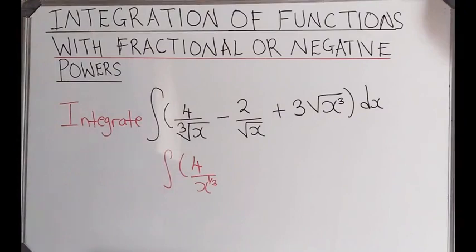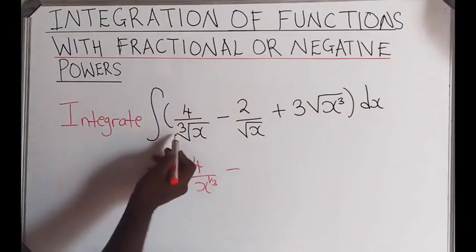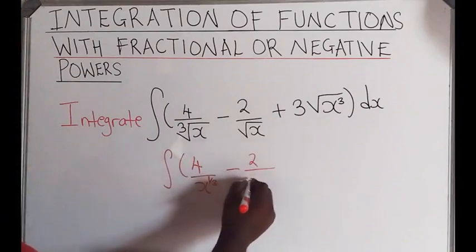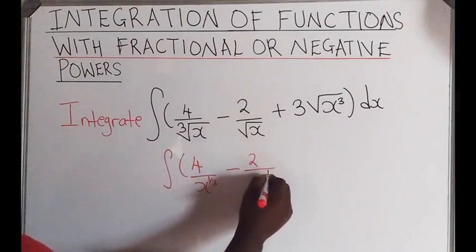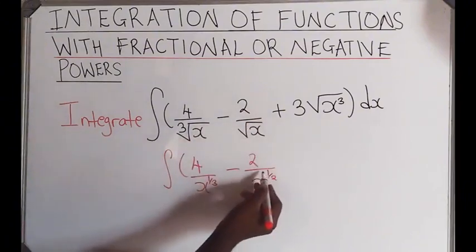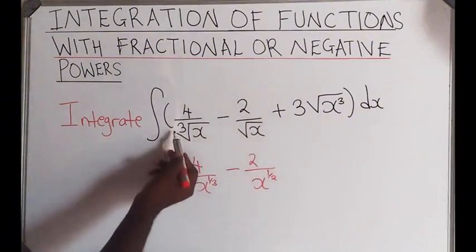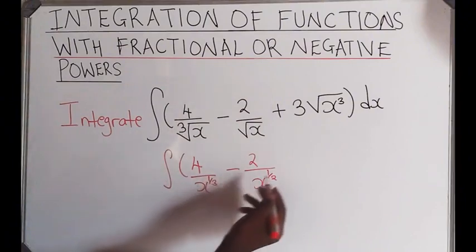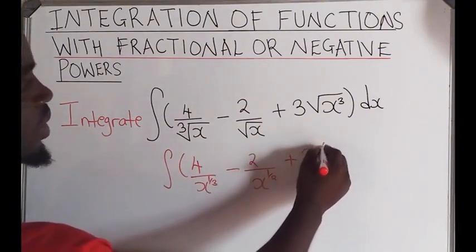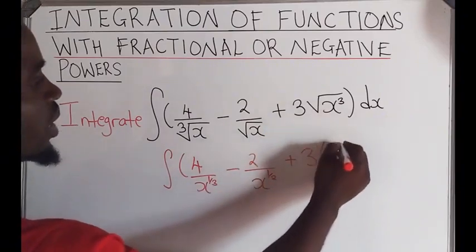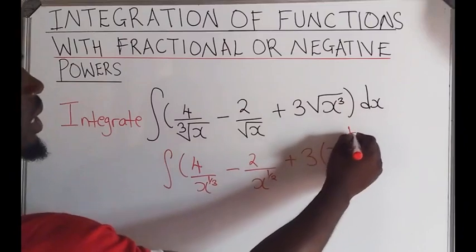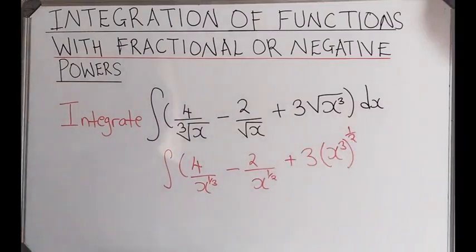Minus, so I'm just changing these roots, minus 2 over x raised to the power of 1 over 2. So square root is the same as 1 over 2, third root is the same as 1 over 3. Then plus 3, then I'll put this x cubed in brackets like this. Then this square root, I'll put it as the power like that, 1 over 2.